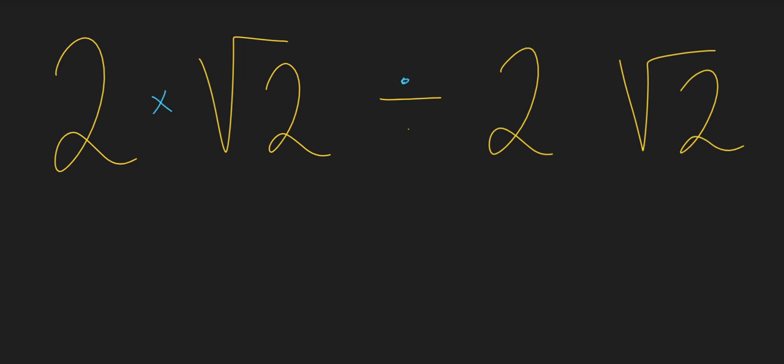And then here we have a division sign. And then here there is another multiplication sign. How do we know that? We know that when between 2 and square root of 2 there is no other sign, then it must be a multiplication, right? Alright, now we have multiply, divide, and multiply.